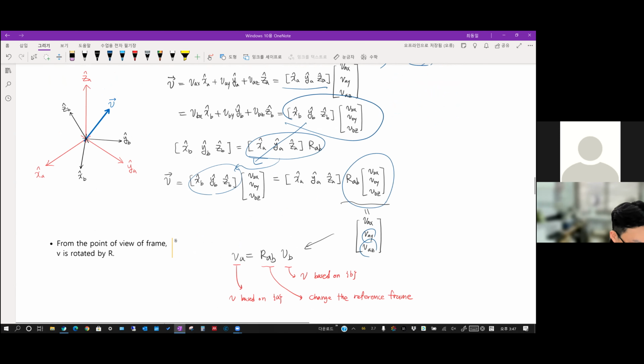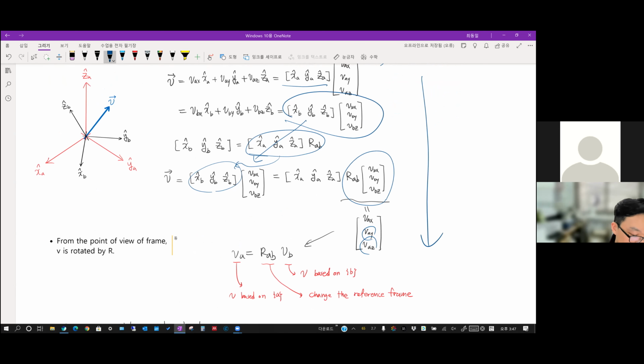This kind of procedure we already experienced before, the same case but in a different expression method. But this is the same procedure. So here the V based on the B frame changes its reference frame to A.